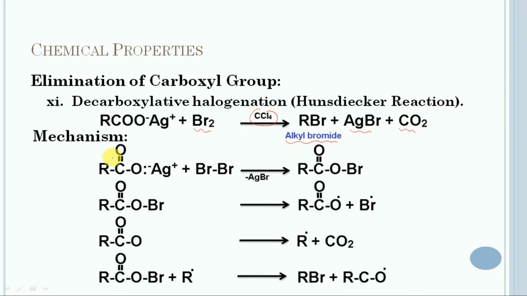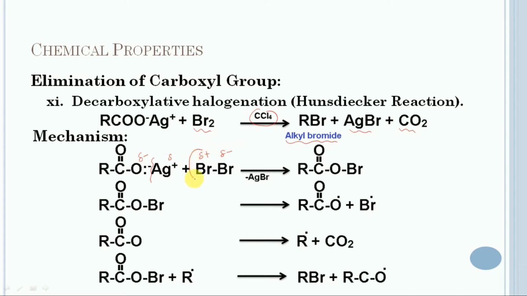So let us consider its mechanism. The reaction takes place by free radical chain mechanism. In first step, this bond can break heterolytically. Oxygen is more electronegative, so it will acquire negative charge, and silver that will acquire positive charge. Now it is the positive end and it is the negative end.